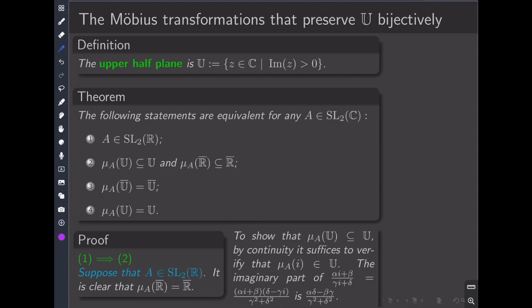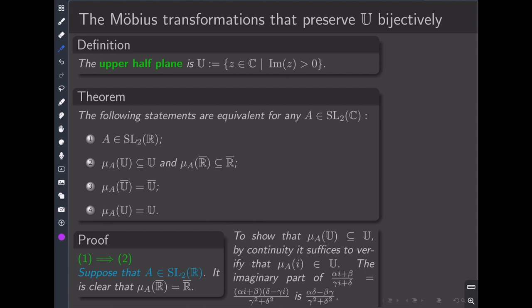So SL2R. For those matrices, one obviously has that U goes to U bijectively. One only needs to check that U and minus U don't get swapped. One checks that the image of i lies in U itself.